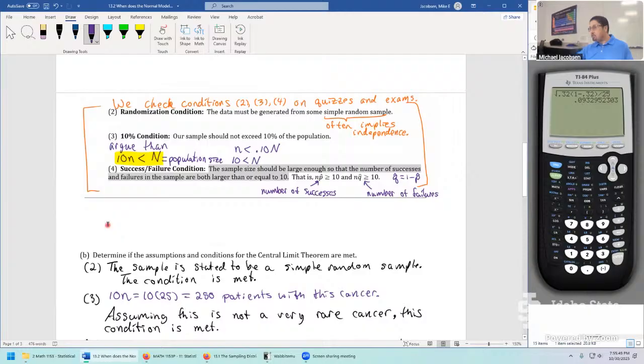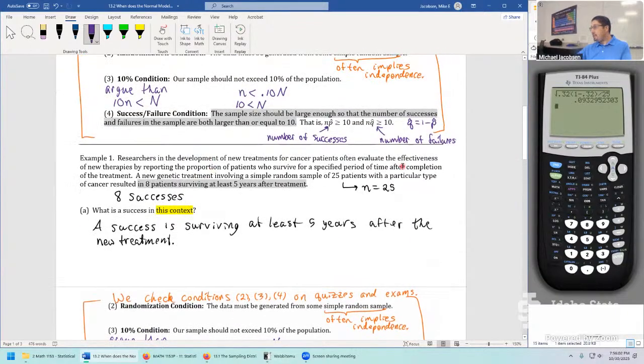But once we got that 250, here's where it became that kind of tricky question. 250 is the patients with the cancer, and uppercase N is the population size, everyone with the cancer. And we don't know what the cancer was. It just said 25 patients with a particular cancer. So if it's rare, the condition's not met.